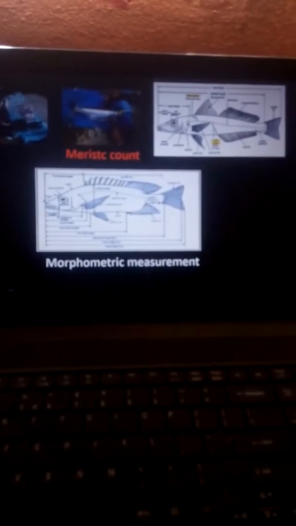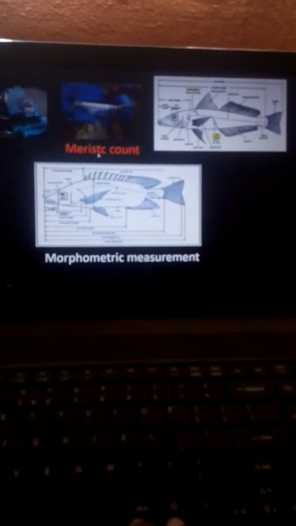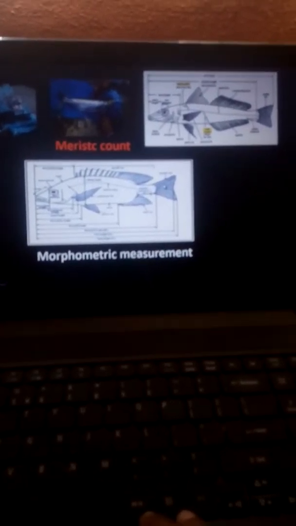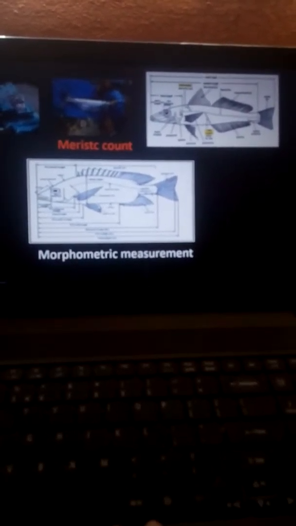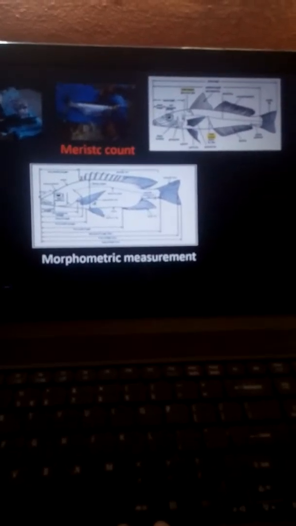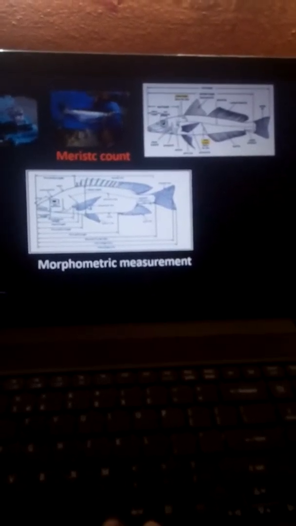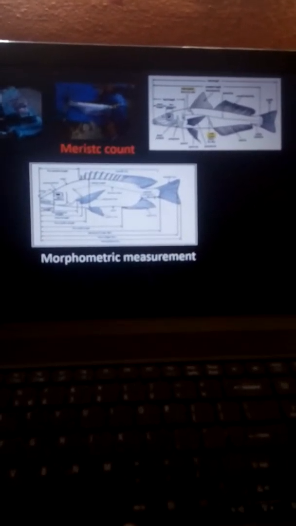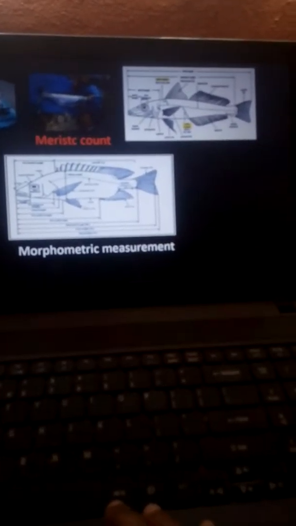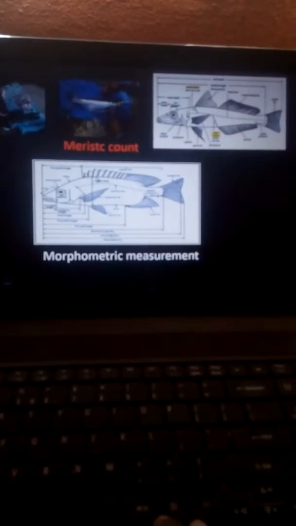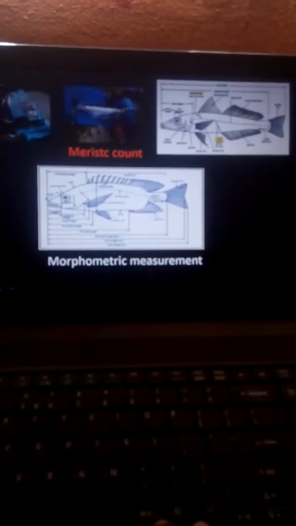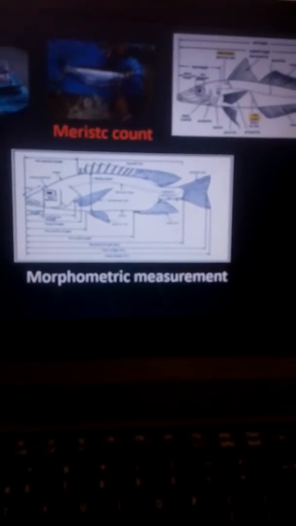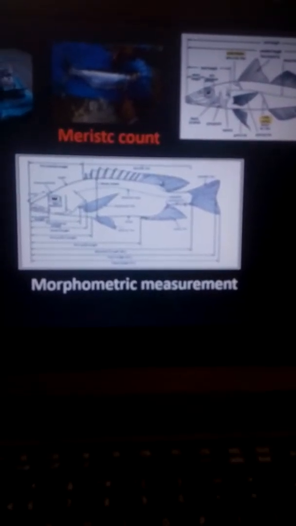So at the time of doing meristic counting of the fishes, in all these fins like the dorsal fin, caudal fin, anal fin, ventral fin and pectoral fin, we count the number of rays and note it. Sometimes, as we see here in the diagram, in the dorsal fin there is not just the presence of rays.